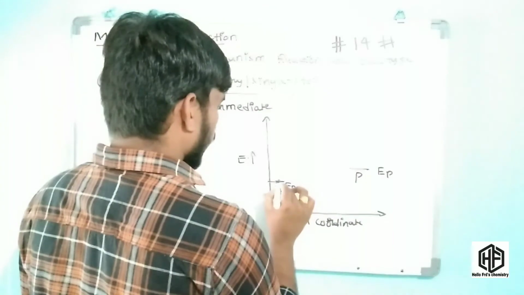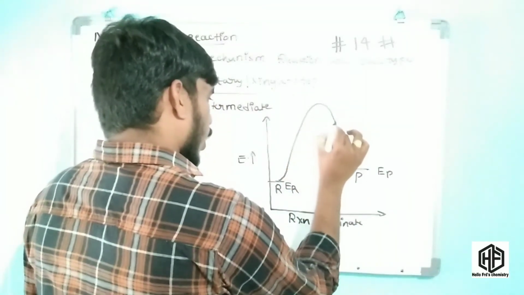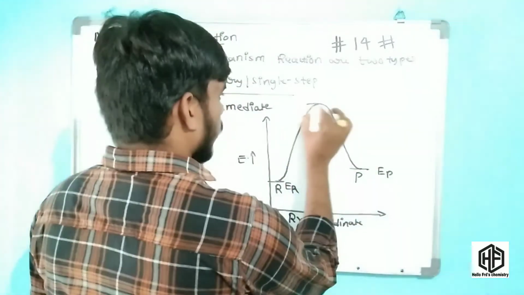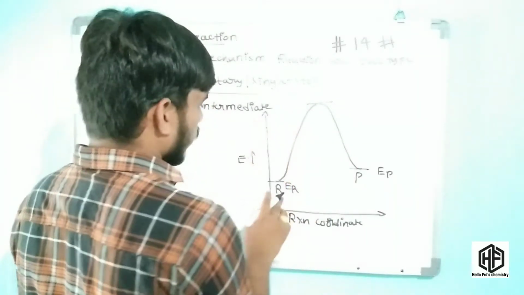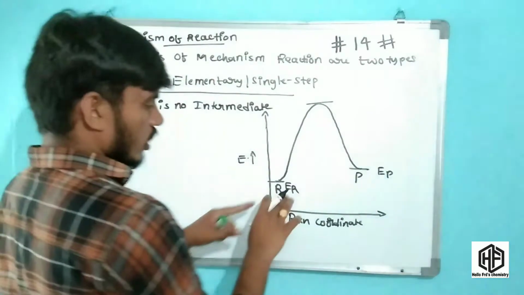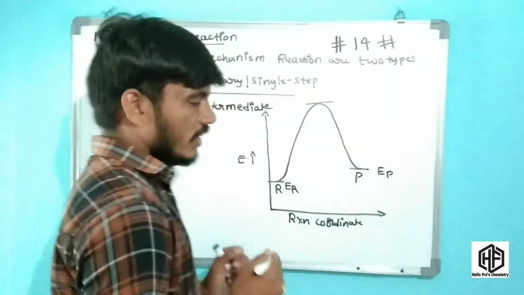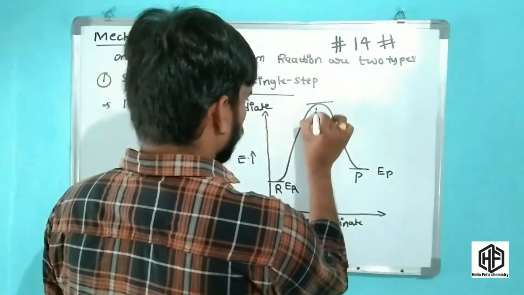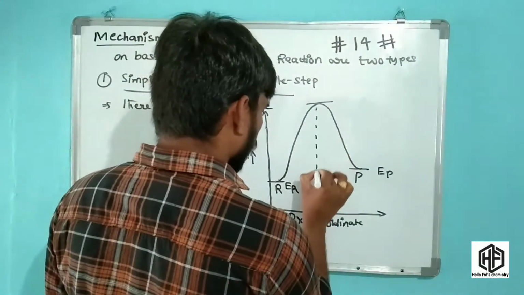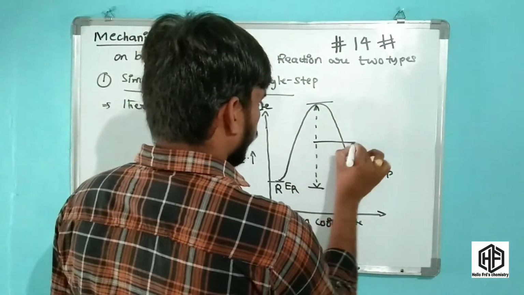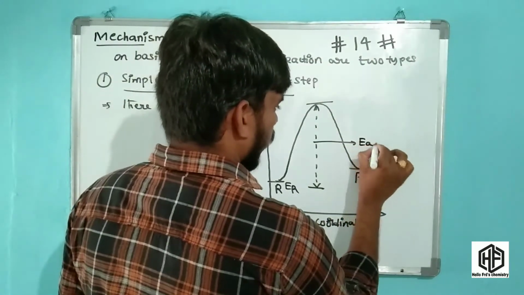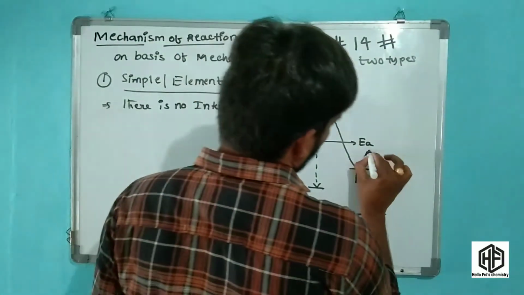Now this is the minimum energy, which is called the threshold energy. The reactants gain some energy to cross this energy barrier. That amount of energy is also called activation energy. Already I have talked about these points in my previous class.